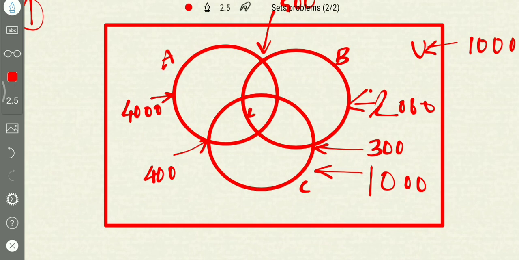This is 200. So we need to find the number of students who opt only electronics.